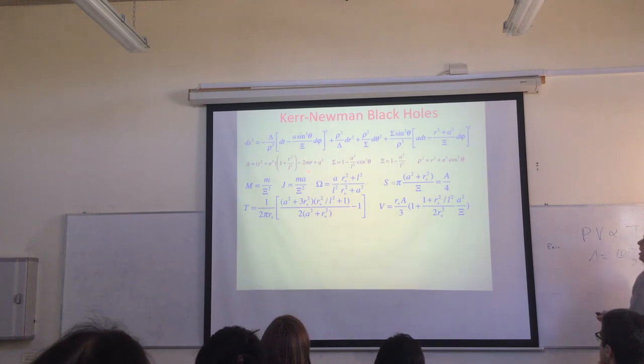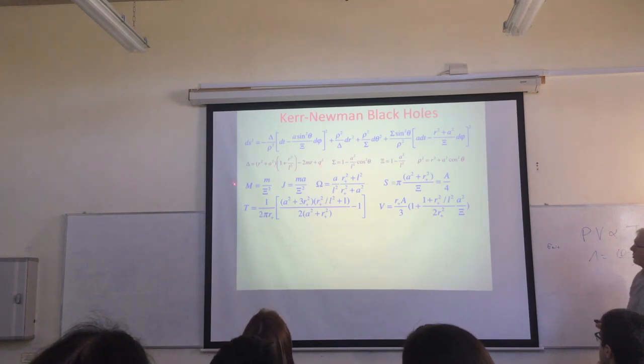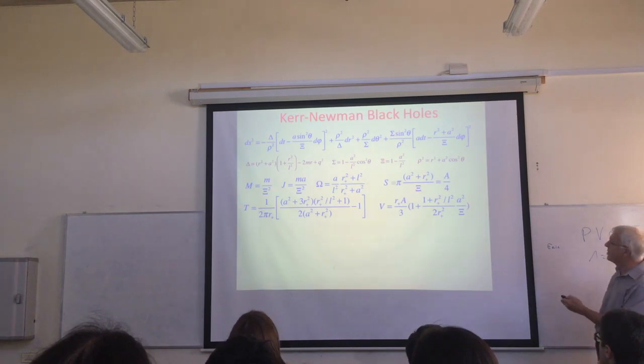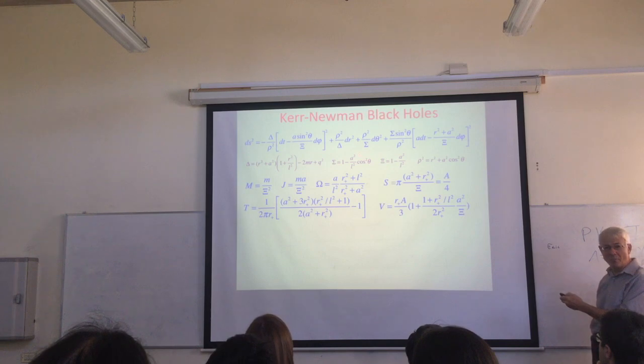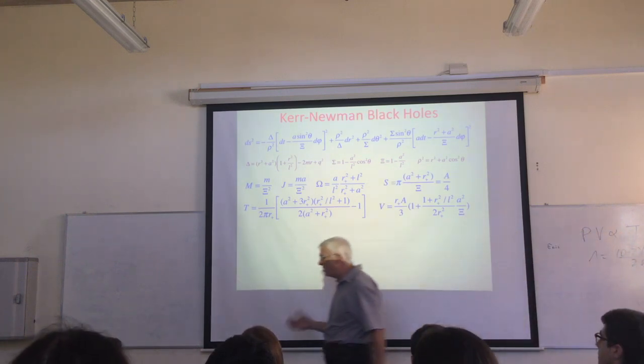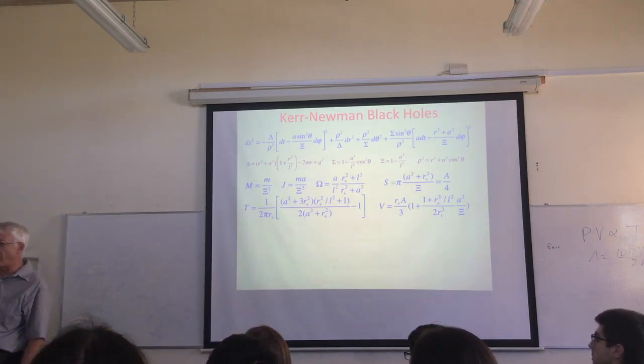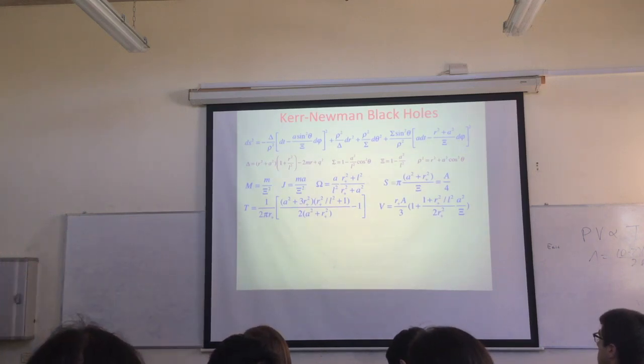And so the metric function looks like this. a is the rotation parameter, q is the charge parameter, and this is what the thermodynamic variables look like. They care about this function chi, which is 1 minus a squared over L squared, and these solutions make sense only when a is less than L. When a approaches L, you have what is called an ultra-spinning black hole, and you have to rescale parameters. So I'm not going to do that here for now.